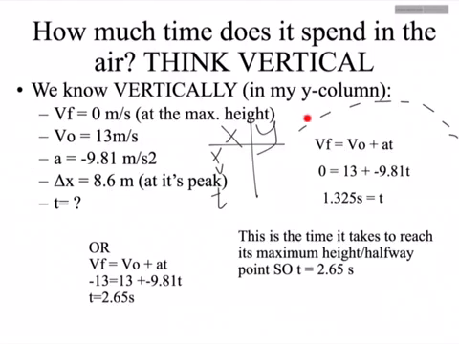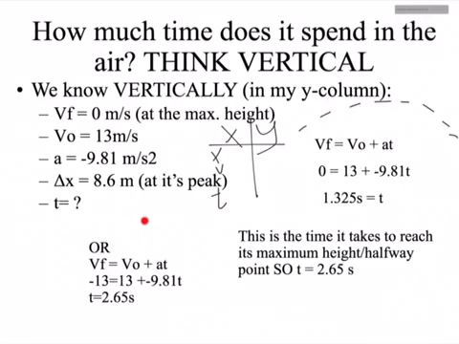The initial velocity as it makes its way up vertically is 13. The whole time my acceleration is negative 9.81. So to go from this point to this point, it takes 1.325 seconds. So 1.325 seconds here, and another 1.325 seconds here. So doubling that, the whole time it takes is 2.65 seconds.